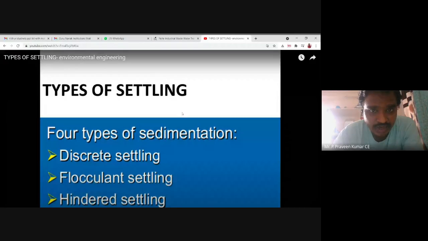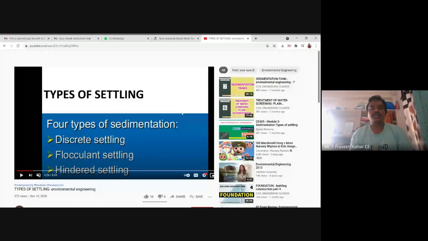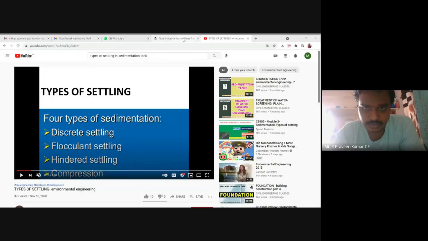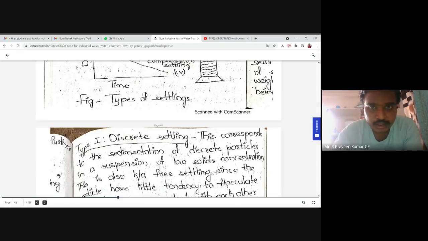So in this way, different types of particles will settle, and these settleable solids are named sludge. Okay, that sludge is going to be collected or disposed of in a different process.